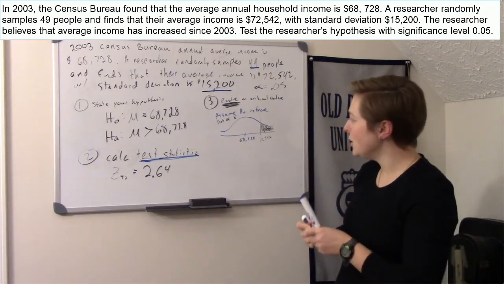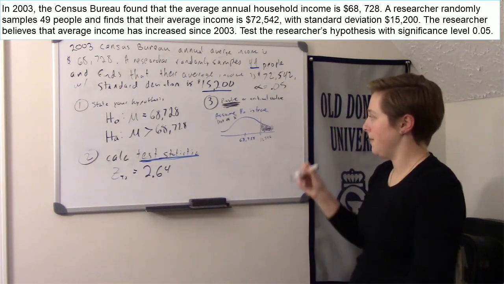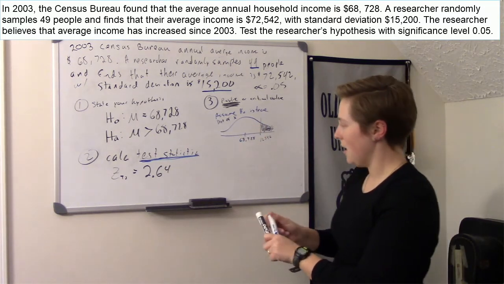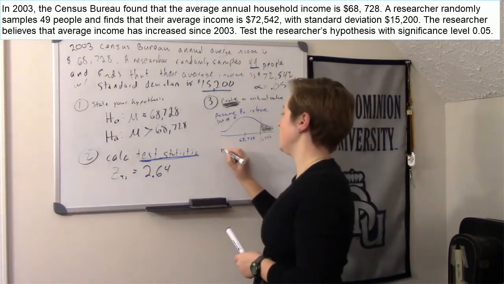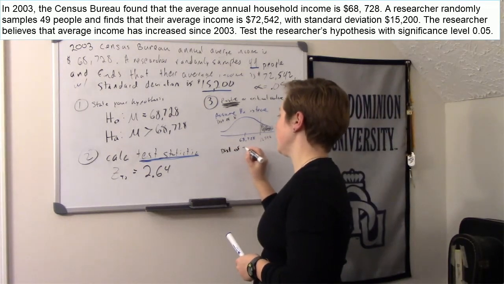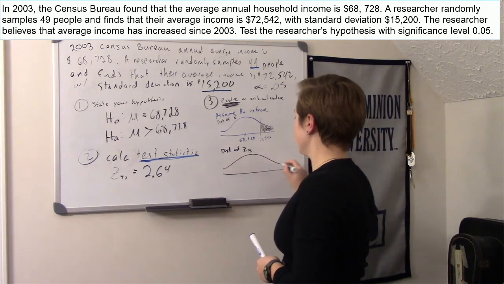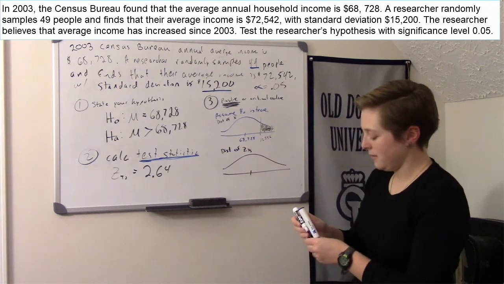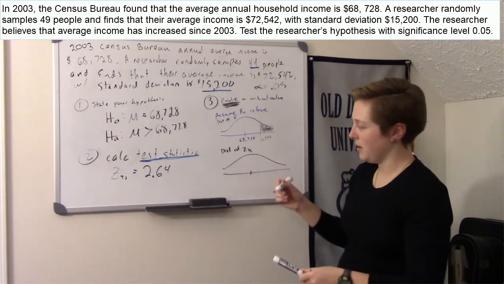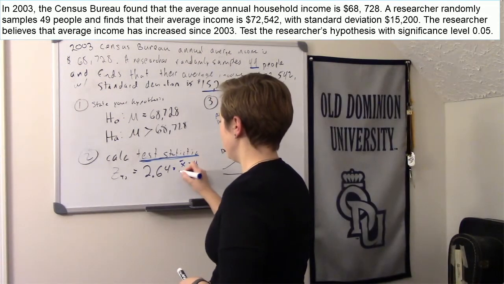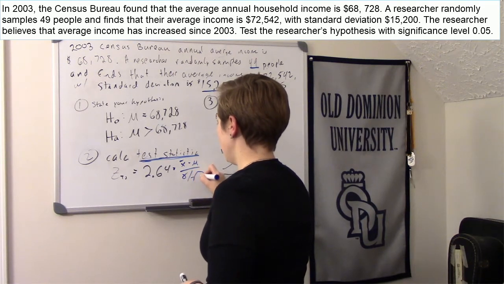So what we're going to do is change this, instead of it being a distribution of x bar, to the distribution of z, our test statistic value. Now, remember the formula for our test statistic. Let me write it down here: x bar minus mu, over sigma over square root of n.